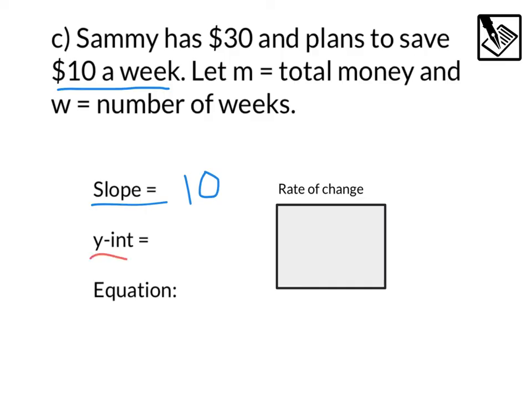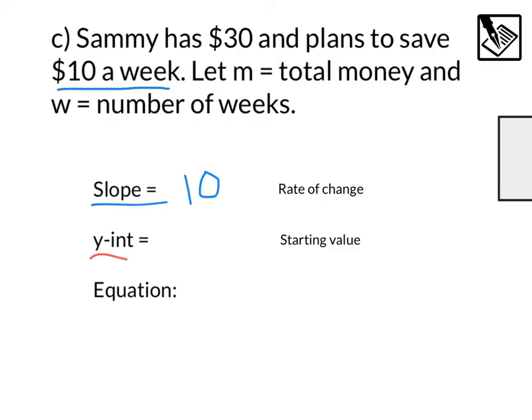To find our y-intercept, we want to look for what is the starting value. In this case, it tells us that Sammy has $30. That's what he starts with. Now that we have our slope and y-intercept, we can use the variables they give us to write our equation. Here we have M as the total money, so we'll say M equals our slope, which is 10, times, what are we changing by?